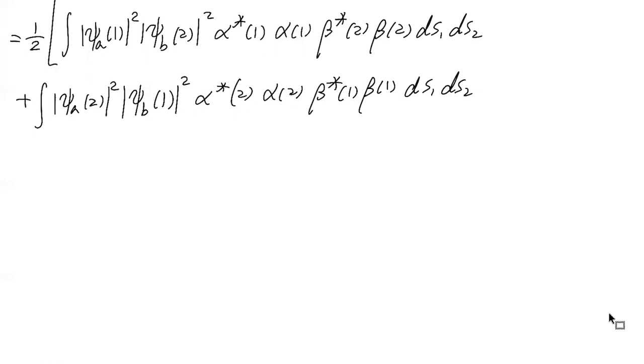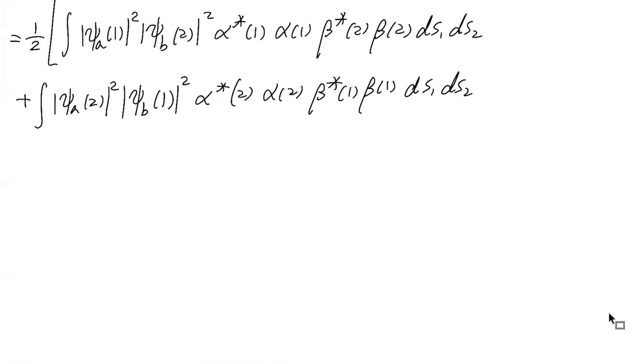The first term is psi A(1) squared, psi B(2) squared. And when you exchange the label between electron 1 and electron 2, you have psi A(2) squared times psi B(1) squared, right? Similarly, for the spin part, you have alpha star(1) alpha(1) beta star(2) beta(2) in the first term. For the second term, you have alpha star(2) alpha(2) beta star(1) beta(1).